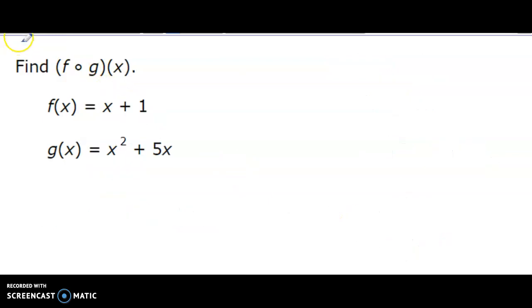If I'm plugging in actual equations, I don't have a number to plug in. This just tells me I'm going to plug the g equation into the f equation. So I write my g equation, I write my f equation, and I'm plugging g into it, right?